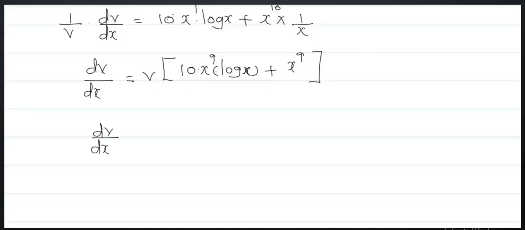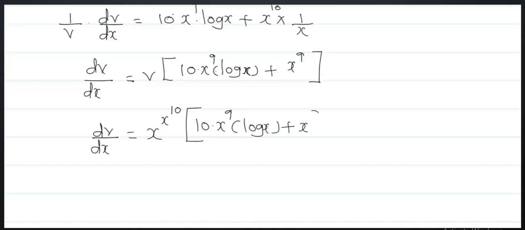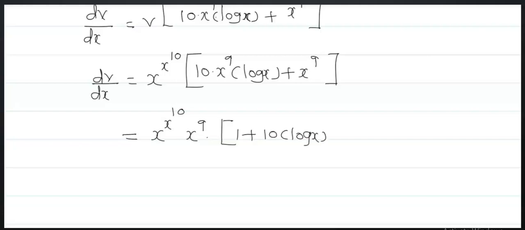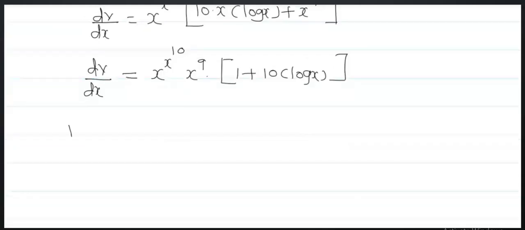Therefore, dv by dx is equal to x raised to 10 into 10 x raised to 9 log of x plus x raised to 9. Take x raised to 9 as a common. And this is the dv by dx.